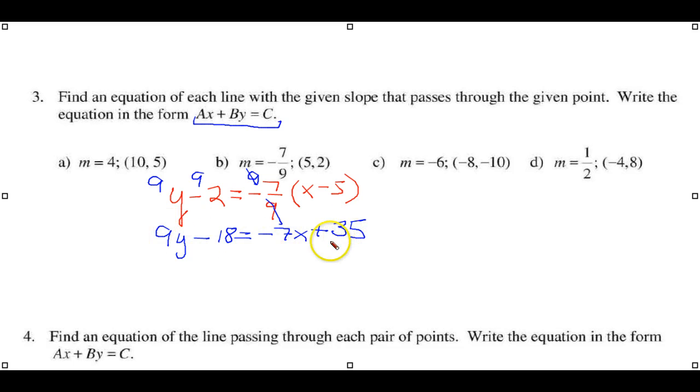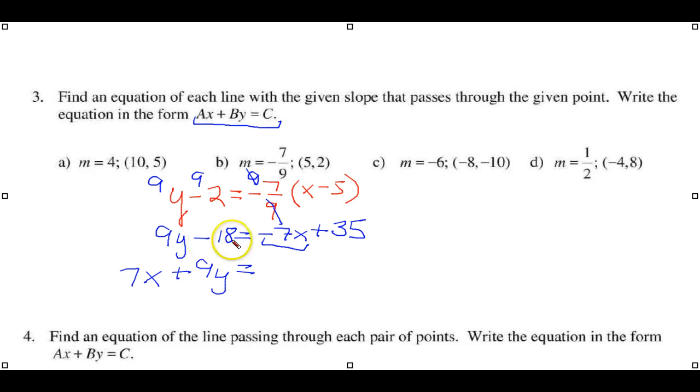Now I want to put that in standard form. I just transpose this term, and on this side it becomes 7x plus 9y. I don't have to change this sign. I just change this one when I bring it over.